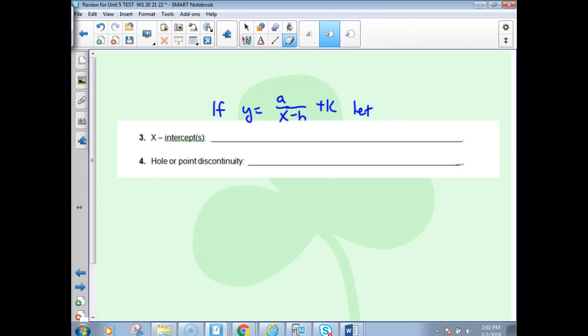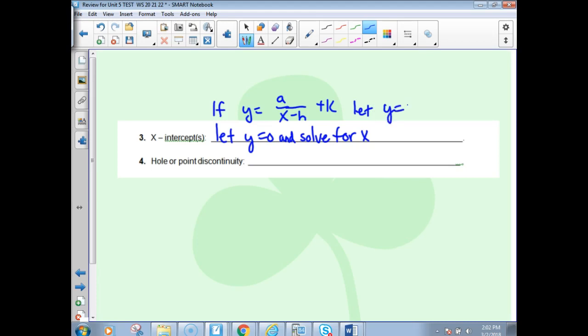You can say let y equal 0 and solve for x, which is the same as, if it's in the p of x over q of x form, then you are finding the zeros of the numerator. That would be let y equal 0 if you're doing it in that form.